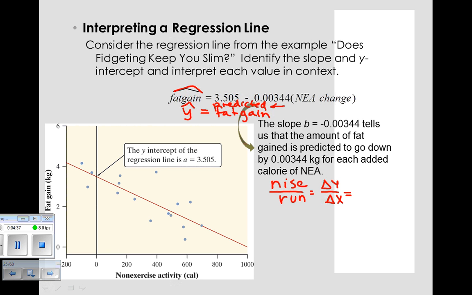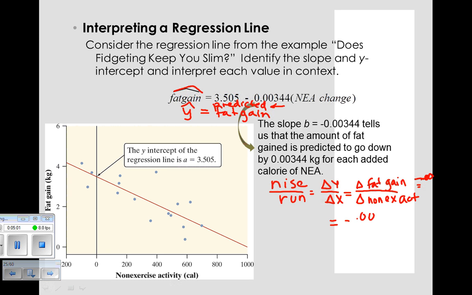So in this case, our change of y is the change in fat gain over the change in non-exercise activity. So when I'm doing this and I find what my slope is, so it says my slope is negative 0.00. I'm running out of room. Let me come down here.